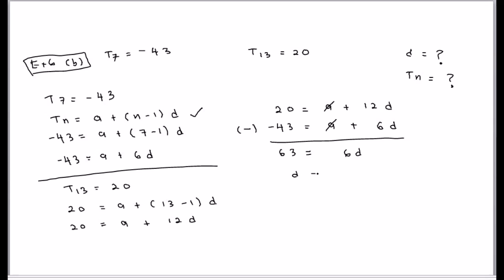To find d equals 63 divided by 6. So d equals 10.5 or 21/2.